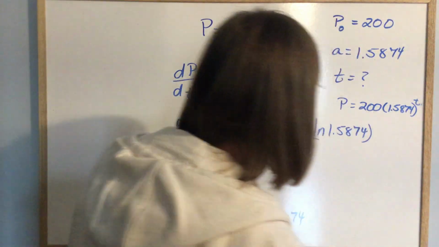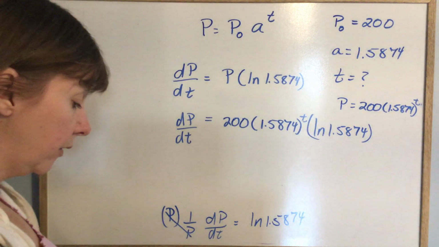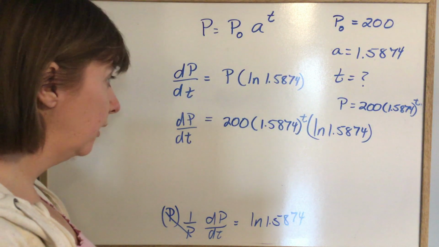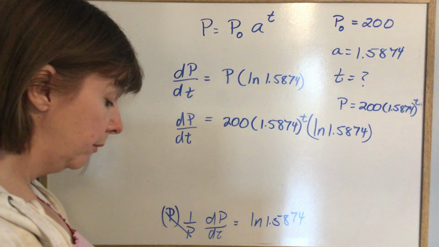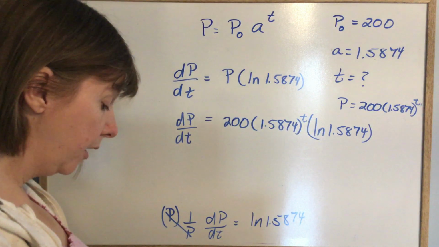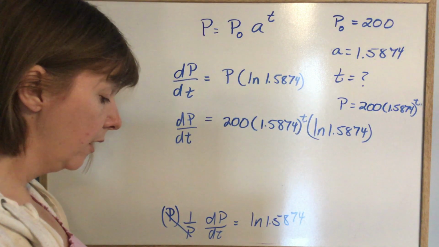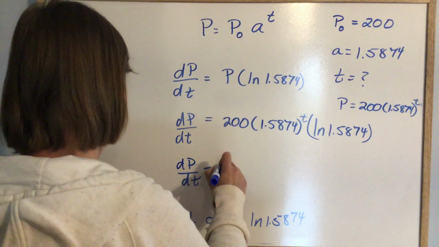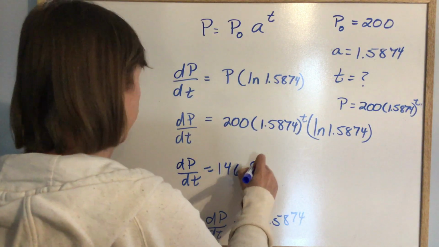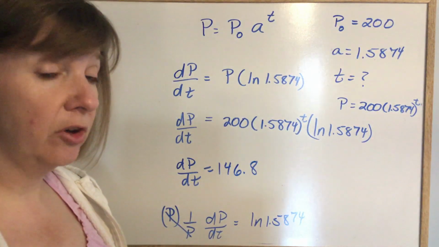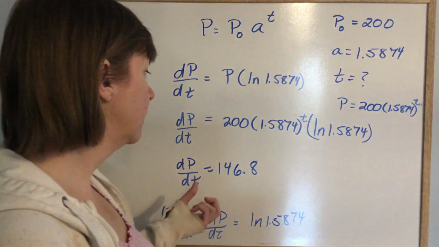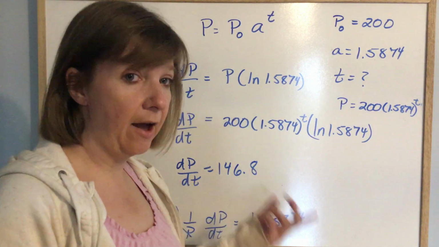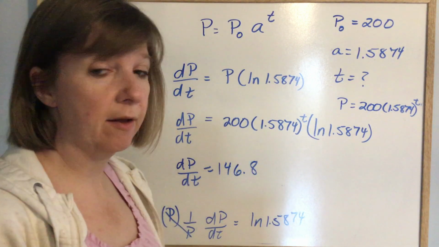So if I put 1 in there for my time, then I end up with 200 times 1.5874 times, and I'm going to put brackets around this, ln of 1.5874, and I get dp over dt equals 146.8, meaning the algae is growing by about 146.8 algae per hour after only 1 hour. But remember, it's growing exponentially.